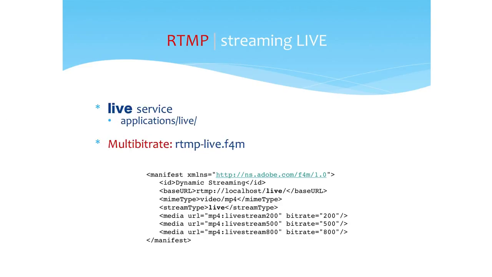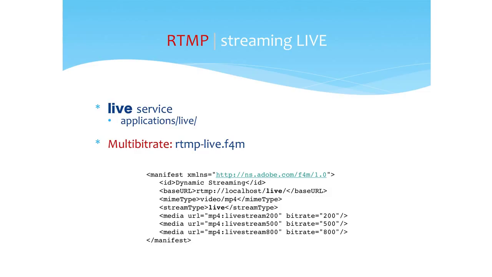And that is a manifest that I created here. And we'll copy that. All right. There we are. So to stream live, you use the live service. Just like the VOD service, there's a live service, right?